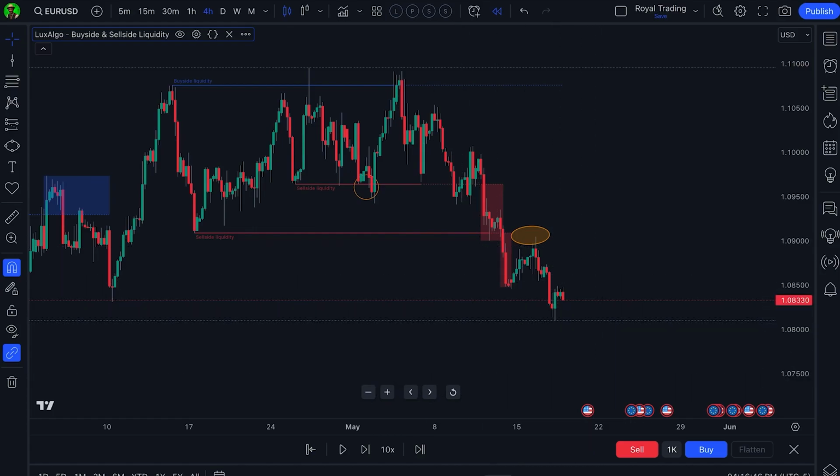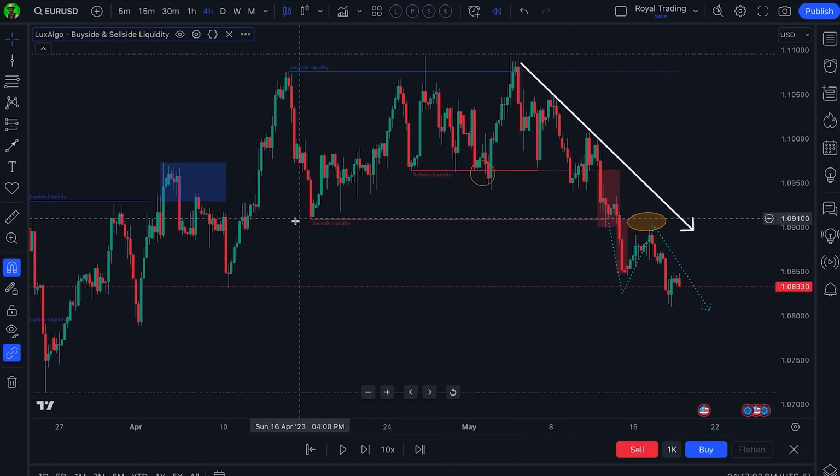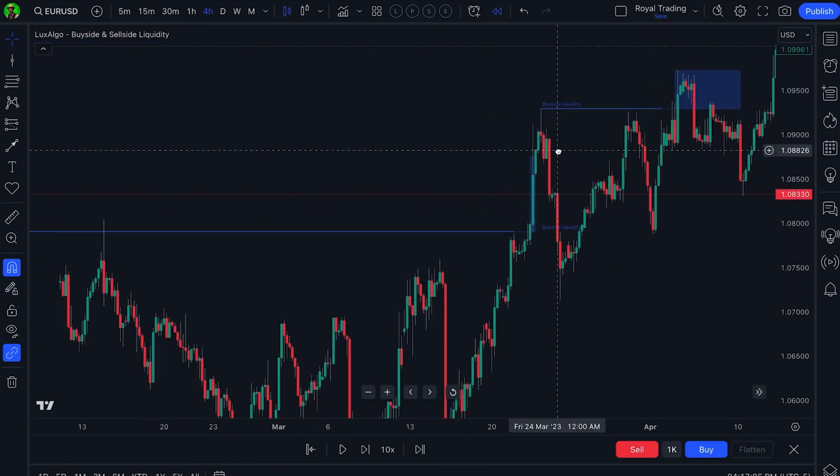The idea is that these players know where trade orders and stop losses are resting, and they will wait for the price to approach these levels or push the price into these levels to trigger trades for liquidity to make large transactions, resulting in a strong price movement as they distribute their positions.